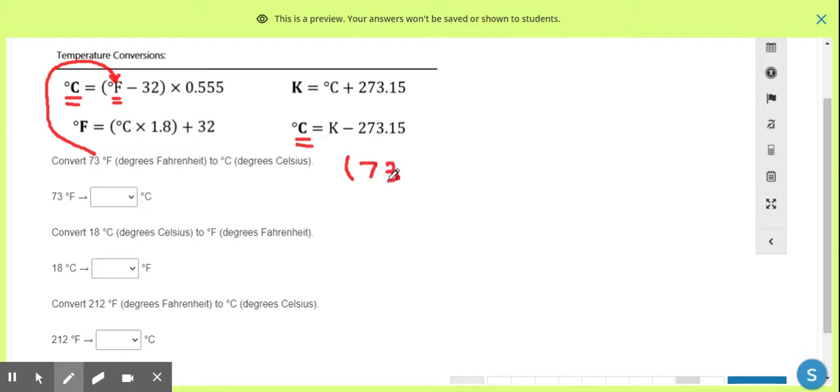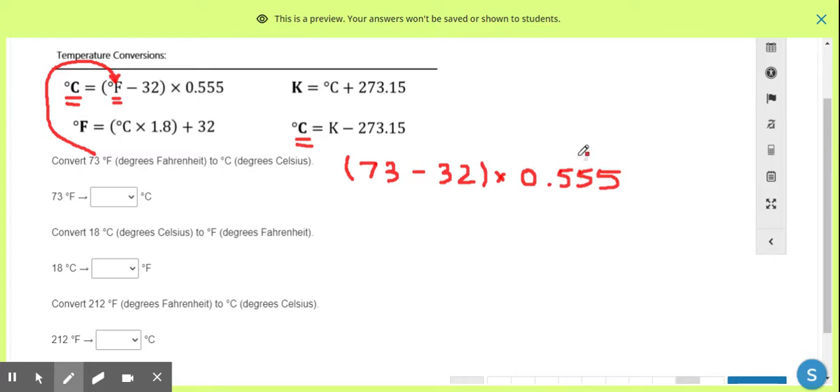So I'm going to take 73 minus 32 times 0.555. Now, you might be wondering about these parentheses here. Those are important because sometimes your calculator will try to outsmart you.